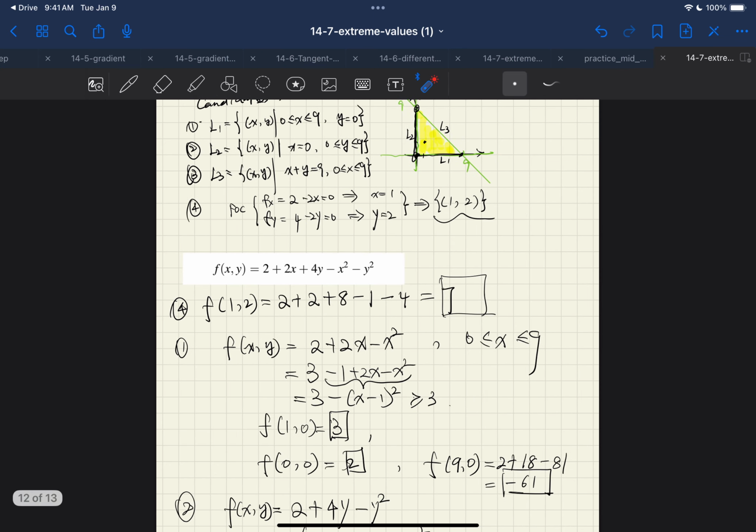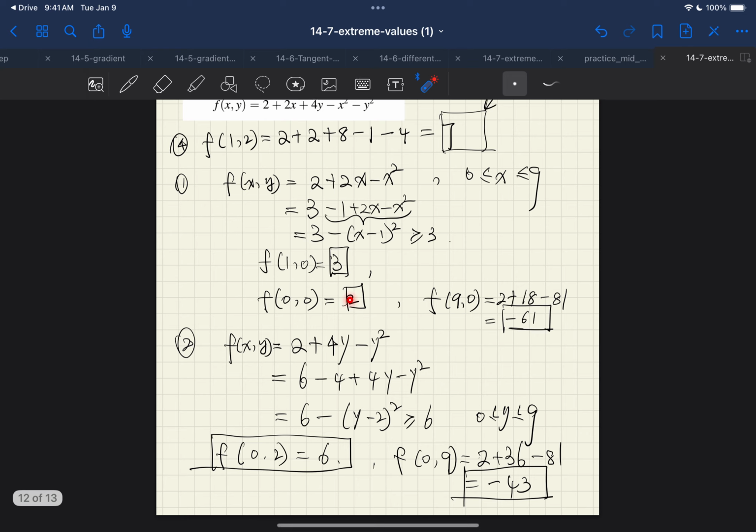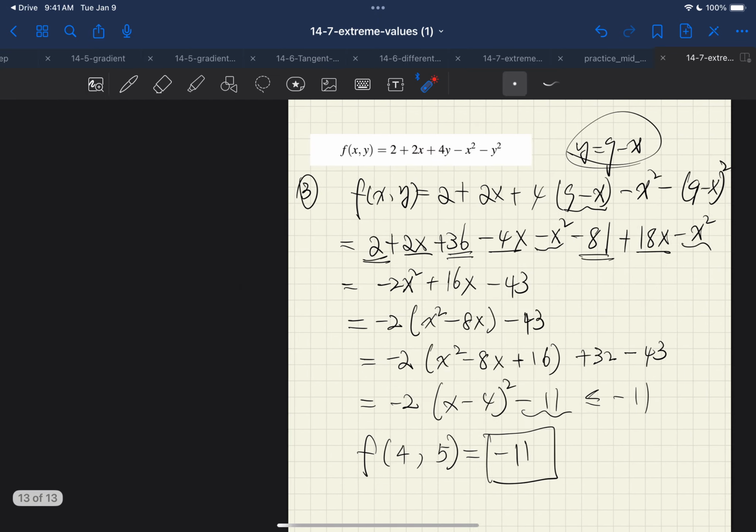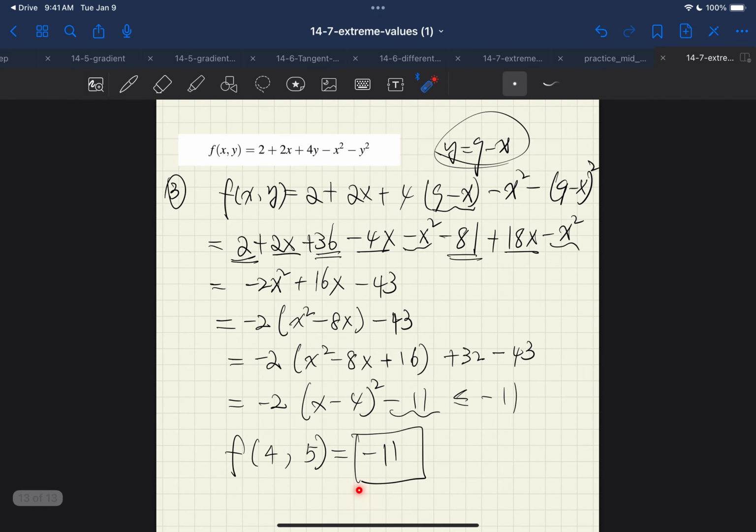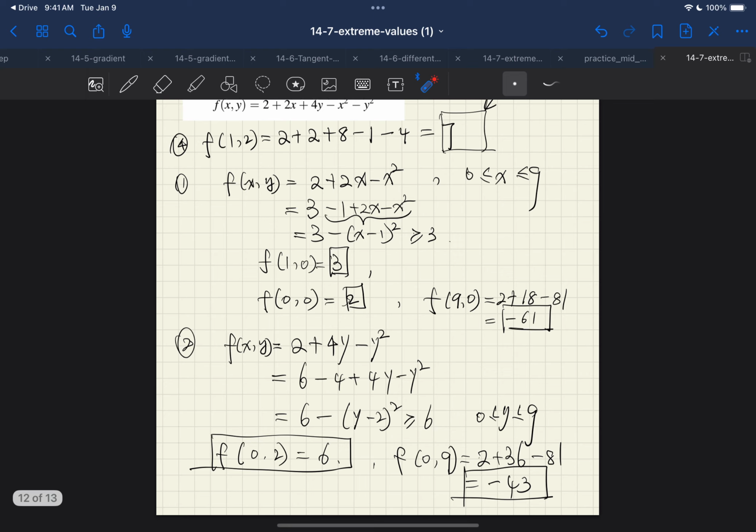So we can mark this as the absolute maximum. And for the minimum, we have 3, 2, negative 61, which is likely the smallest one, because of negative 43 and negative 11, right? So this is the absolute minimum.